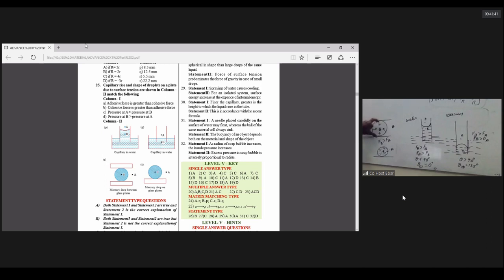Instead of forces, the pressure will come. This plate tends to push down. So we need to give more pressure on the mercury drop between the two glass plates. What is this? Think about this. If you have any doubt, ask me.